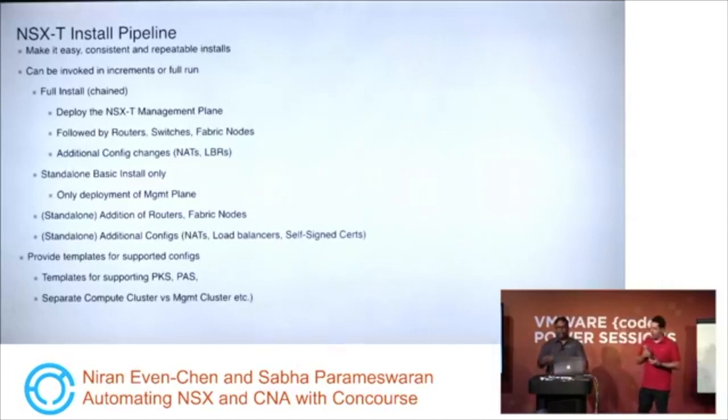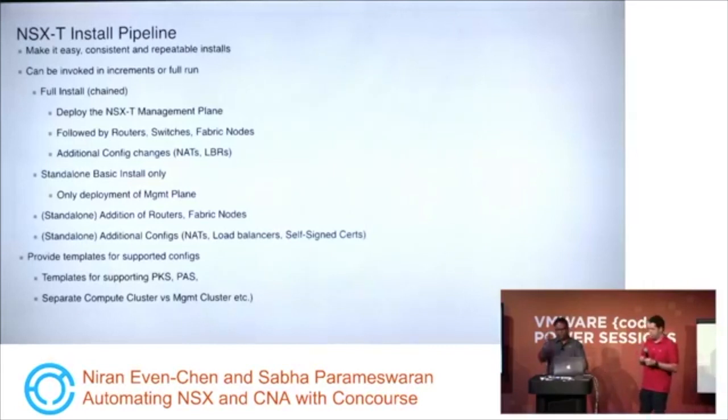To make things easier, I broke it out into three steps. One is just deploying the management plane: the NSX controller, the manager, and the edges, making sure they are all joining together. That can be done separately. Then you say, okay, I'm ready for the next step, which is adding the routers, the logical switches, and whatnot, the IPAM pool or other external SNAT pool.